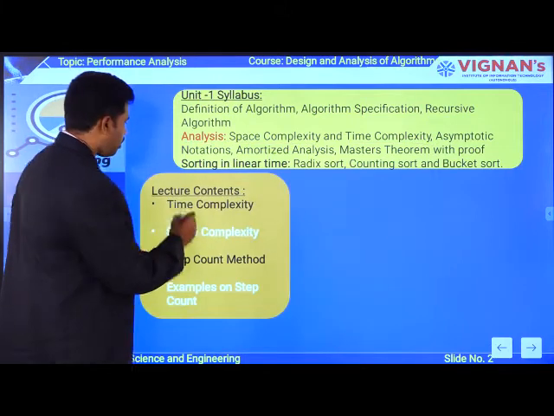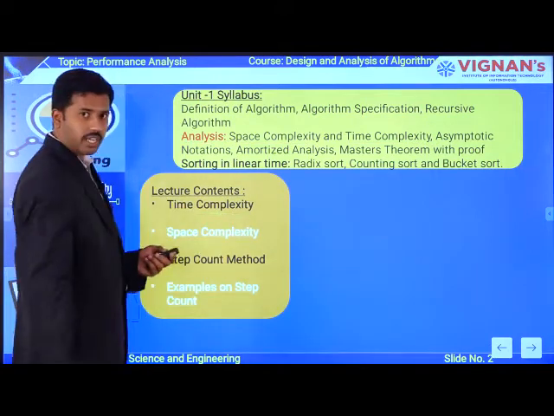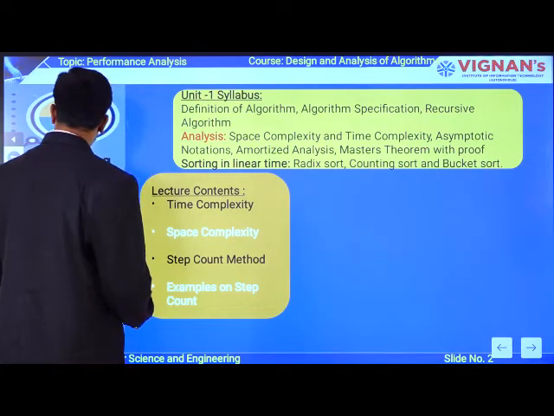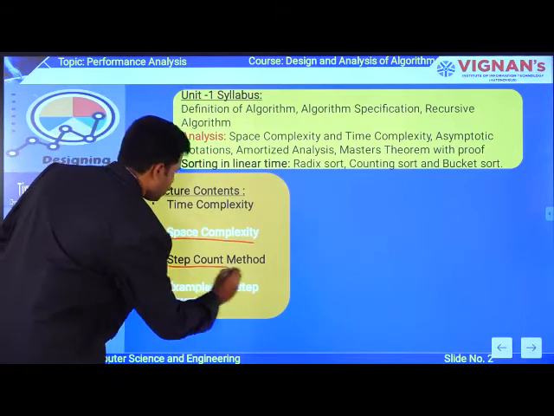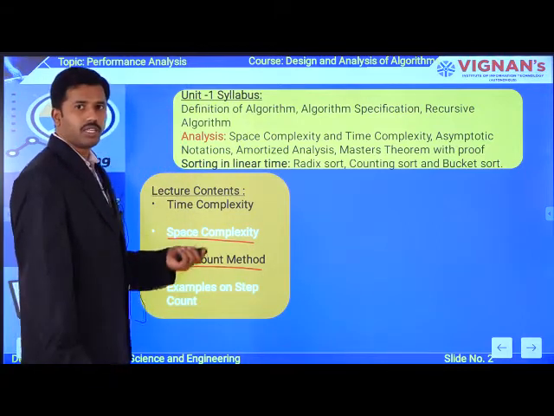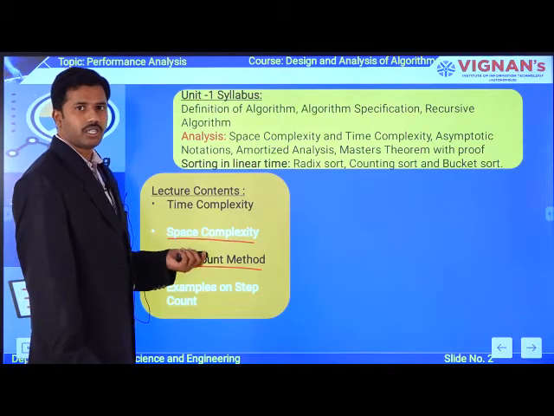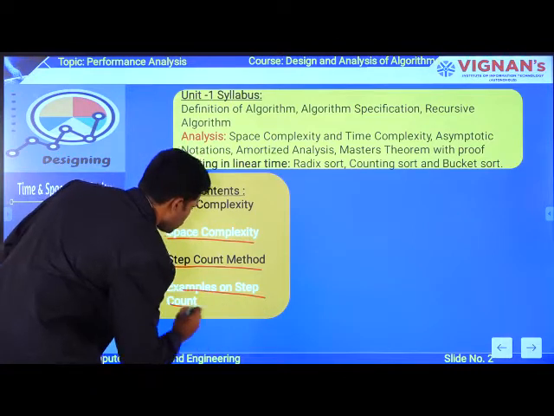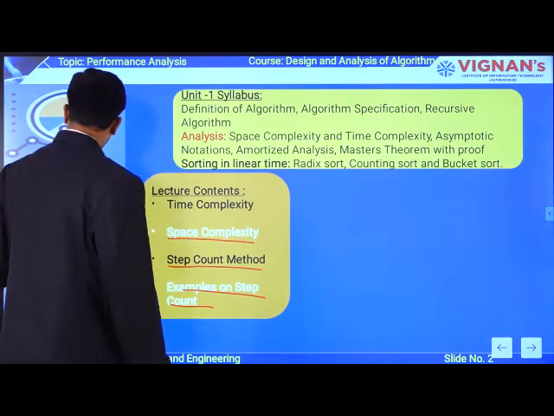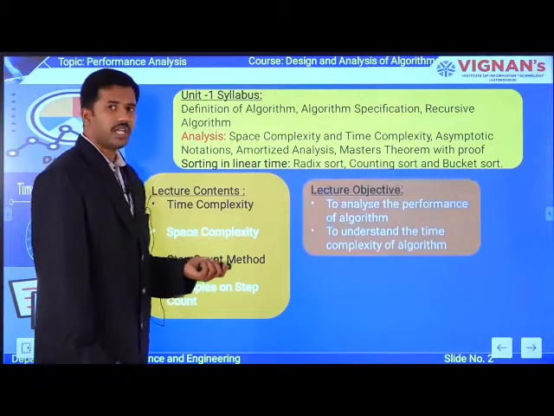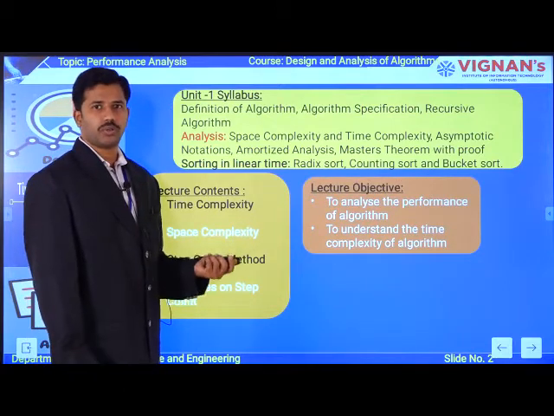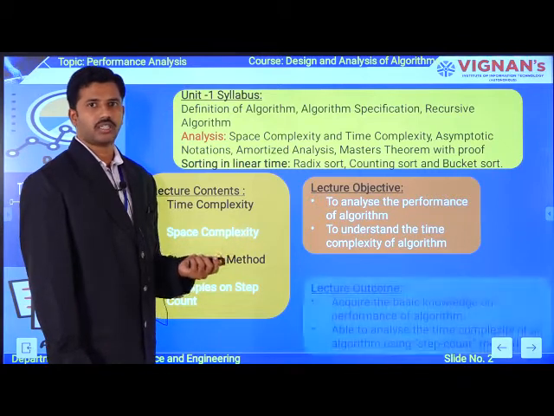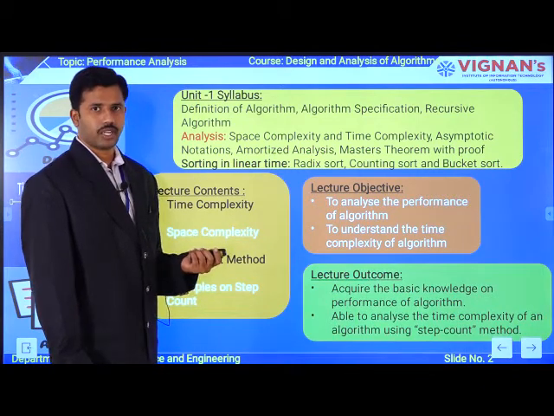Today we are going to discuss the main theme of time complexity, followed by the main theme of space complexity, followed by one method available under time complexity to measure the time complexity of an algorithm, followed by some examples on step count in detail, okay? At the end of this lecture you are going to understand how the step count method is used to measure the time complexity of an algorithm. That is the main outcome of this lecture, okay?